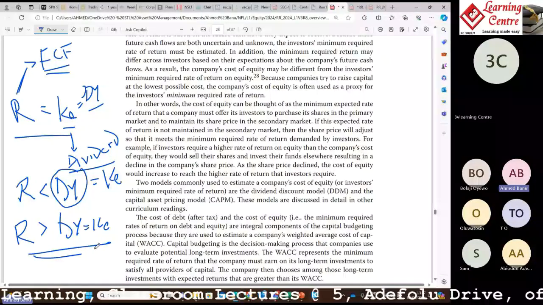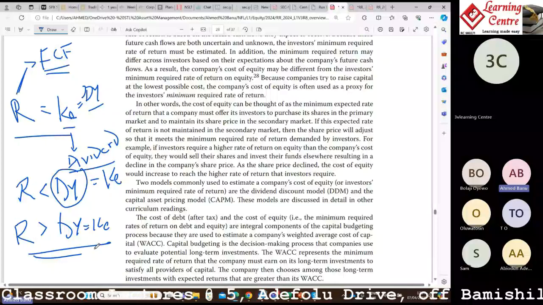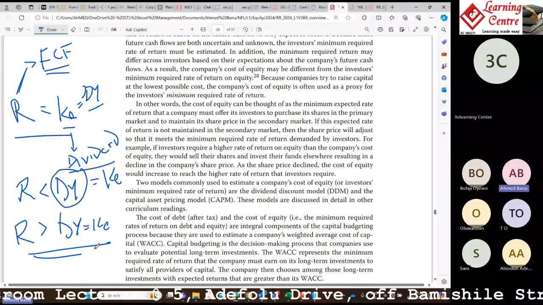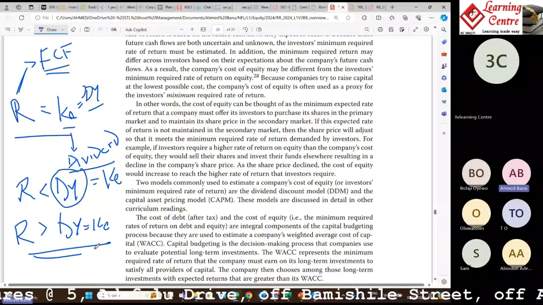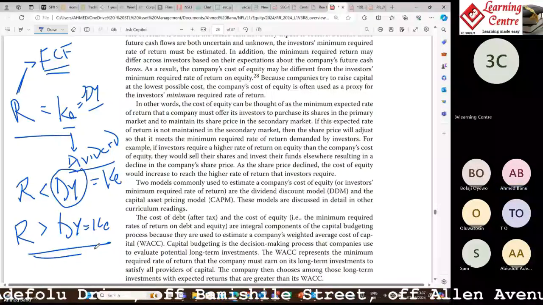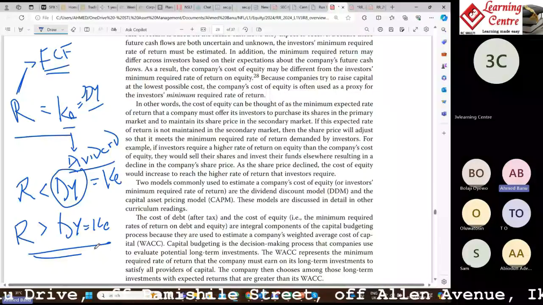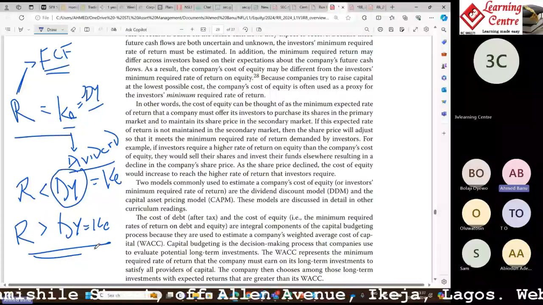So what would the company do? Maybe at the next dividend payment, they might want to increase it to see how the market reacts to it. So the fact is that nobody knows what the cost of equity is. Even the company doesn't know what the cost of equity is. And nobody knows what the minimum required rate of return investors want, because investors are diverse.